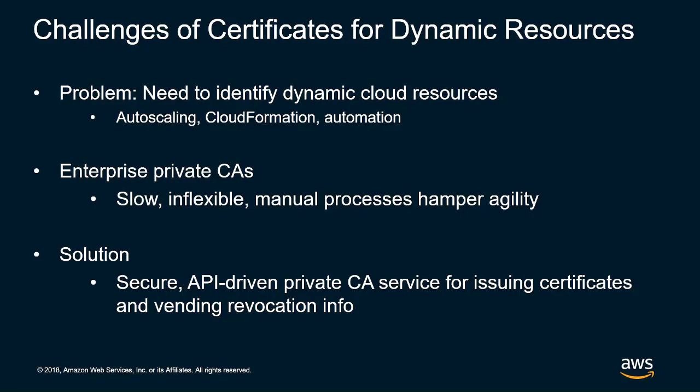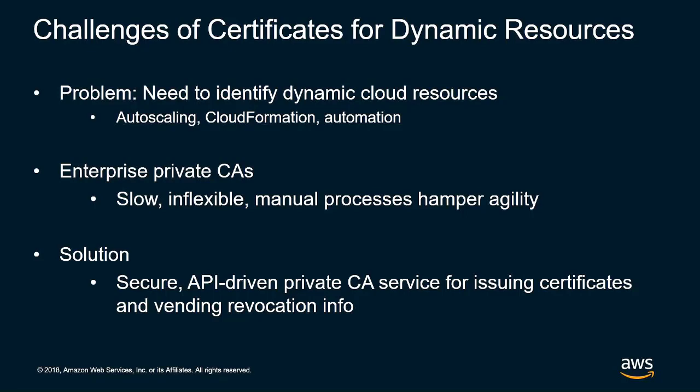But in order to support that, we need a flexible and agile private certificate authority that can issue those certificates dynamically to support the changes in the environment and to be able to issue certificates at scale as these resources are created and destroyed.